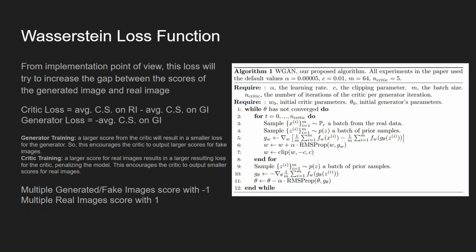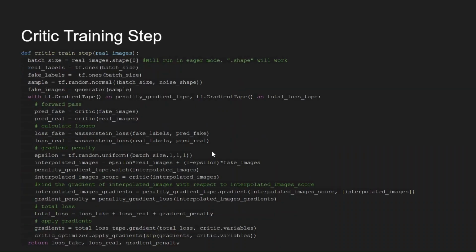So we are going to train our generator only one time, but critic 5 times in a single training cycle. That's why you can see here we have this for loop which is iterating on this n critic. So we are going to train our critic 5 times, and then we are going to train our generator. So that's why we need a separate function for critic which is going to train the critic 5 times.